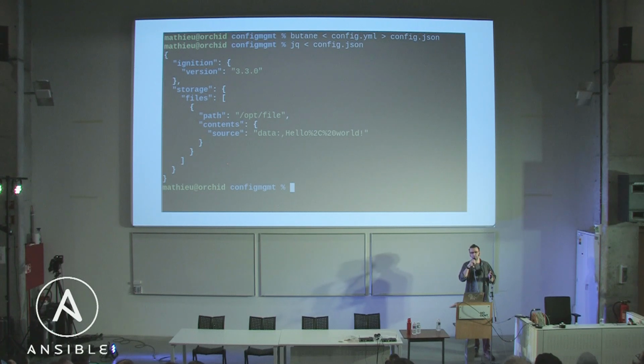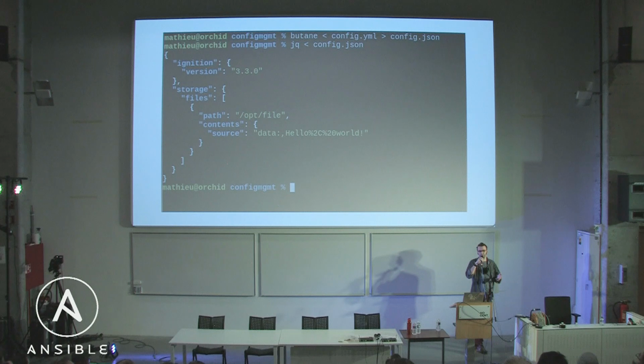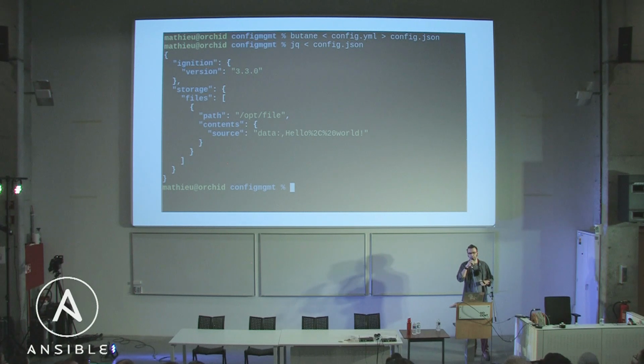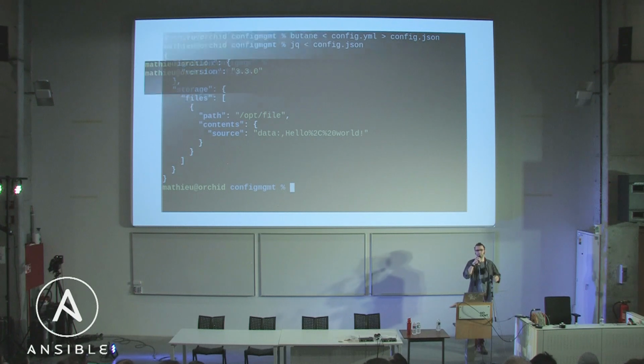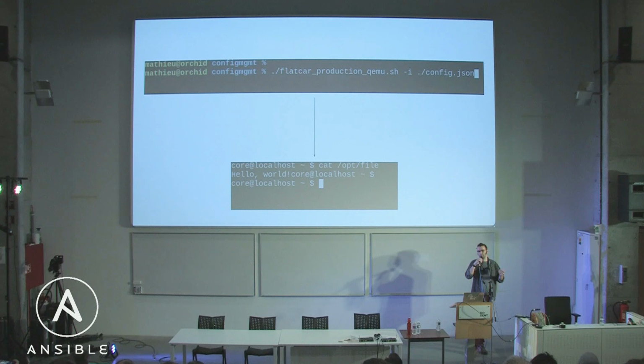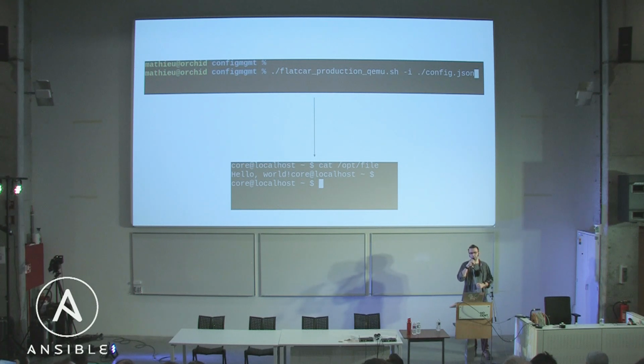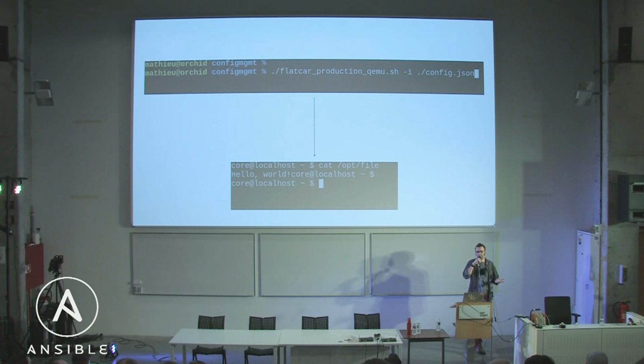This is the Butane command line, and then I have my JSON configuration file with Ignition version 3.3.0. You can see that my hello world has been converted to a data source. Then I can simply run the Flatcar instance using QEMU, and the JSON configuration will be loaded at boot, and you can see that my file has been created.